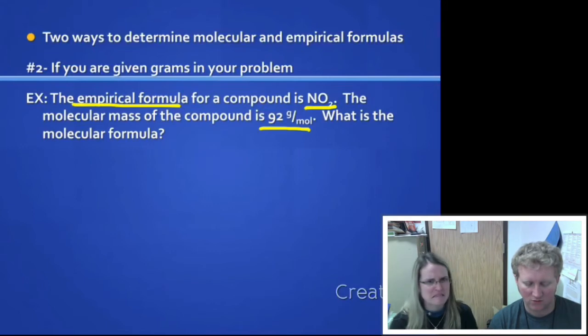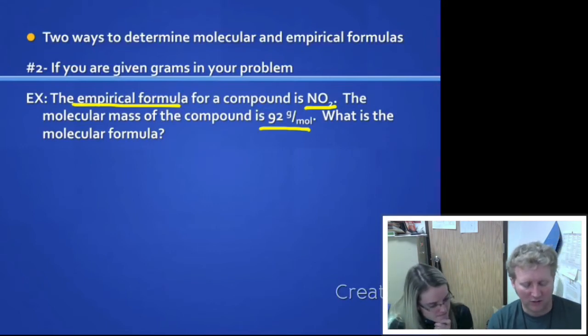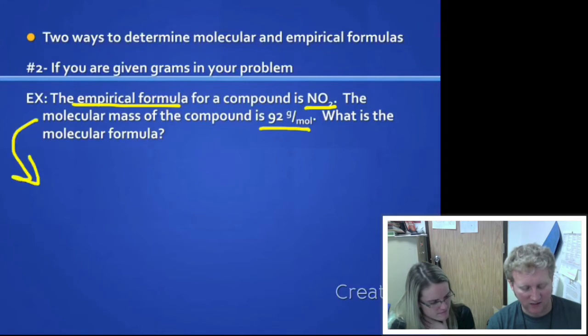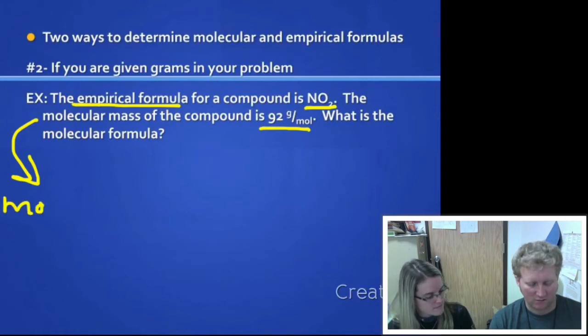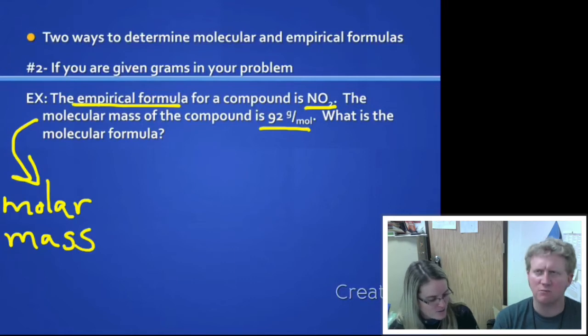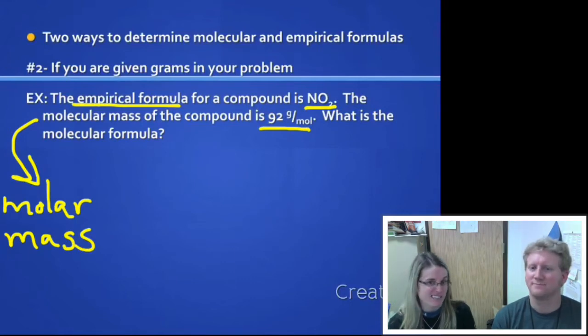Let's back up a little bit. Molecular mass is a fancy way of saying molar mass. Same mass, more syllables. That's what I hate about chemistry and science in general.